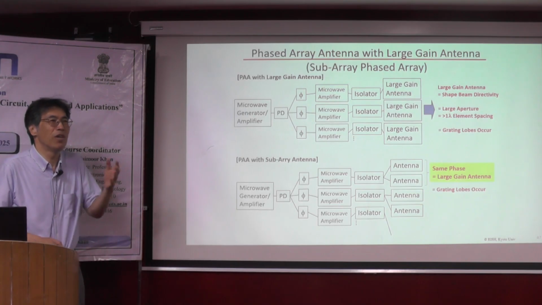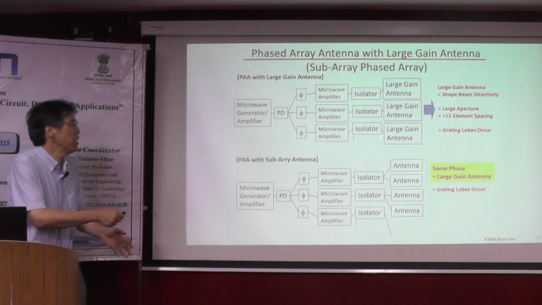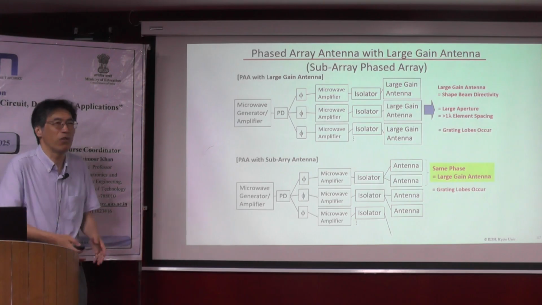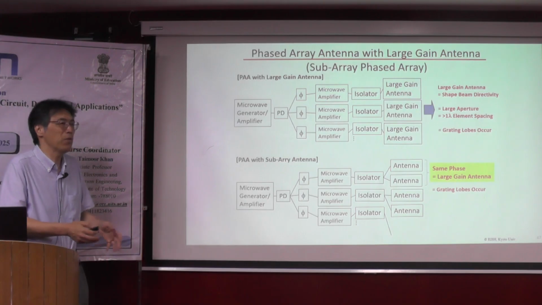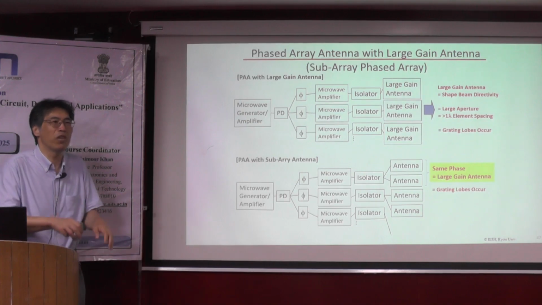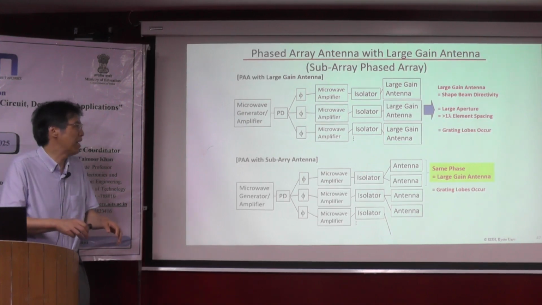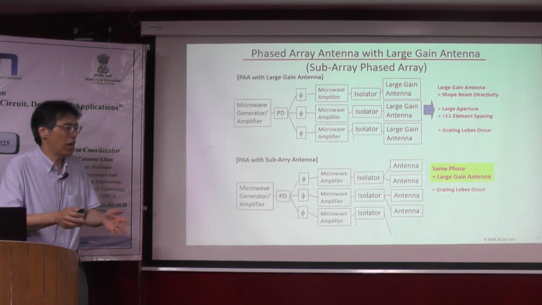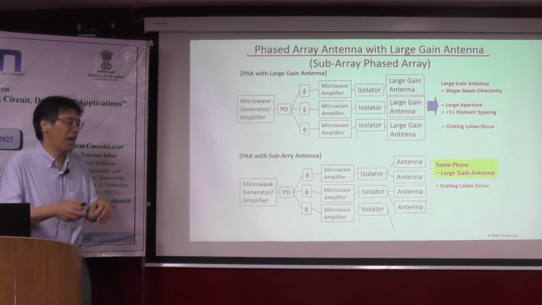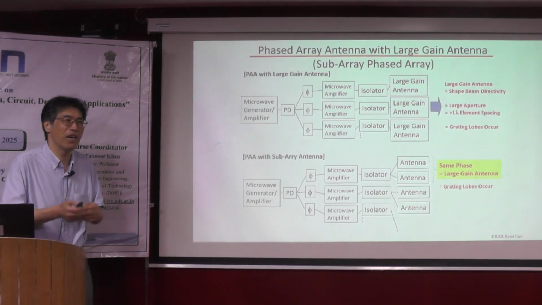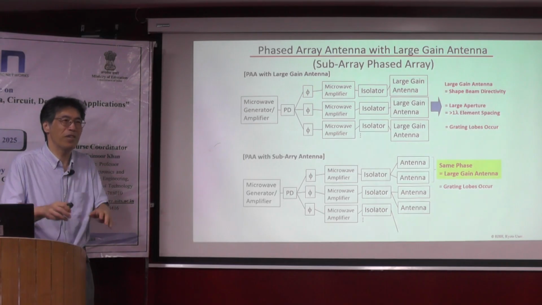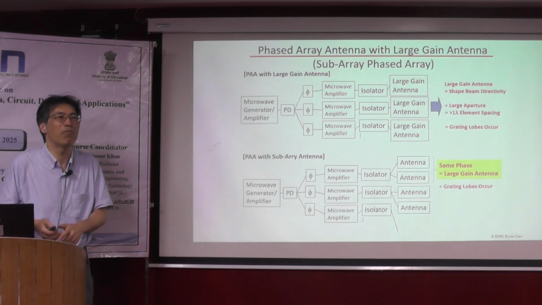I agree with you. The impedance in each antenna changes by the mutual coupling, etc. So we have other technology to suppress the mutual coupling. Today I didn't bring this technology, but in Kyoto University, one of my PhD students has already developed an antenna to suppress the mutual coupling, for example.